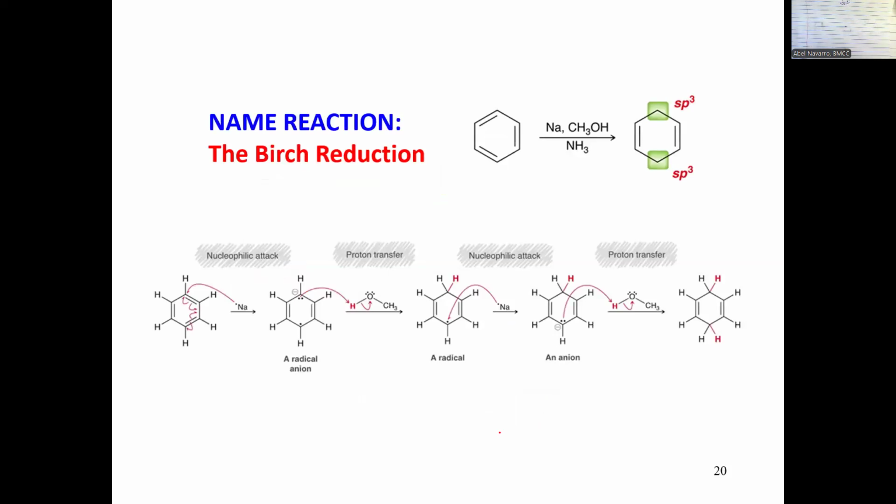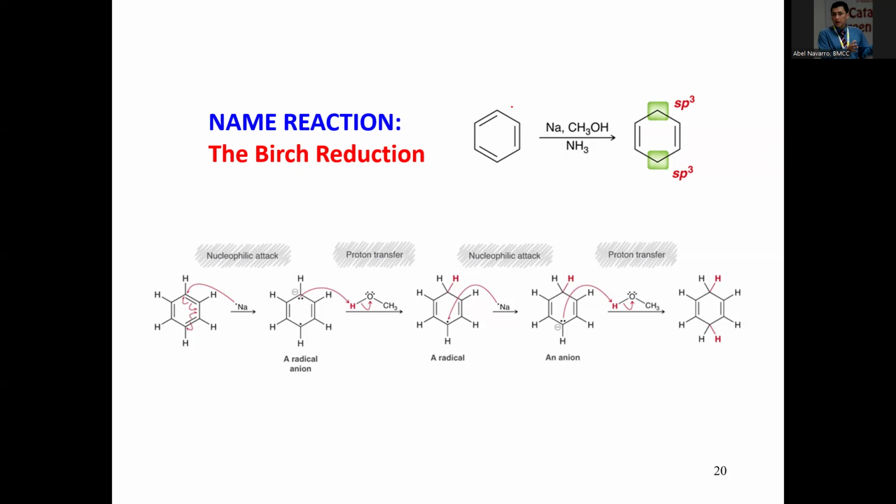It's a partial reduction of the benzene ring. You can see that you started with 3 double bonds, and now you have only 2 double bonds. So you have a partial reduction. Can I use H2, Pd to remove this hydrogen? Of course. You can add hydrogens to those double bonds with H2, Pt, and the reaction will proceed. But the important thing is that you are gaining 2 sp3s.